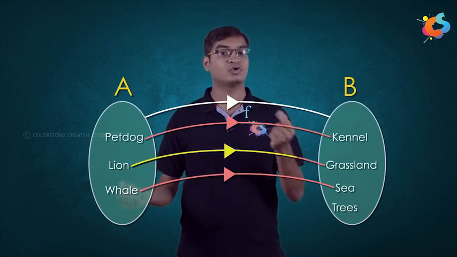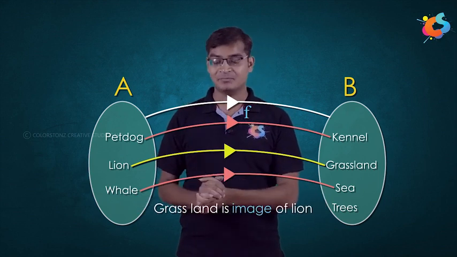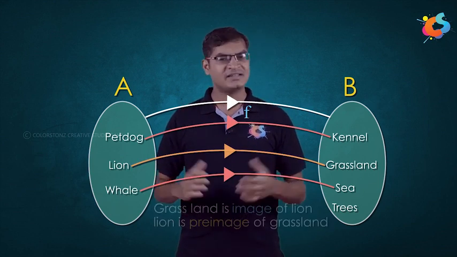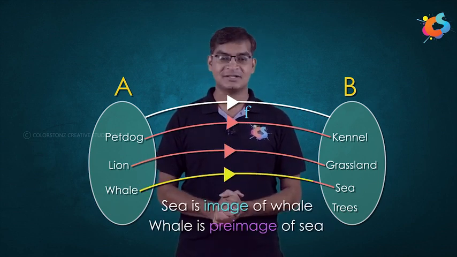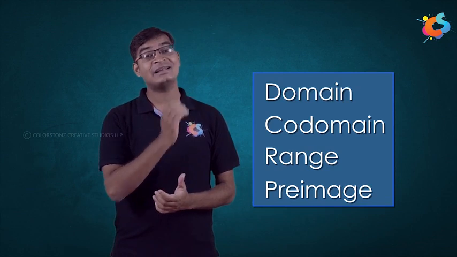So here, lion is mapped to grassland, so grassland is image of lion and lion is pre-image of grassland. In the same way, whale and sea as well. So now we have understood what is domain, codomain, range, pre-image and image as well.